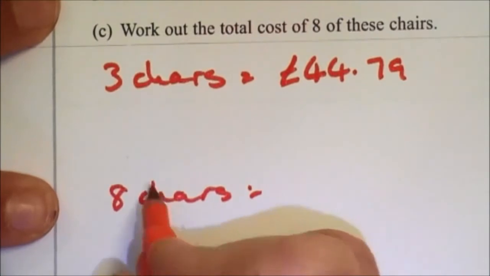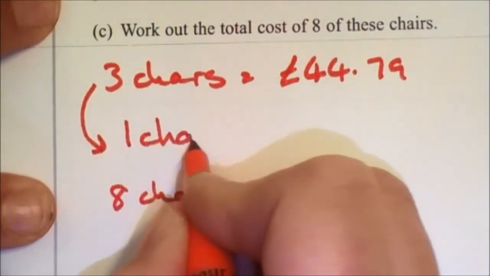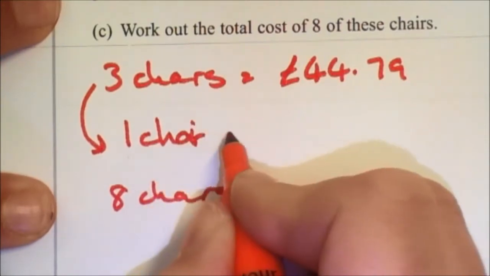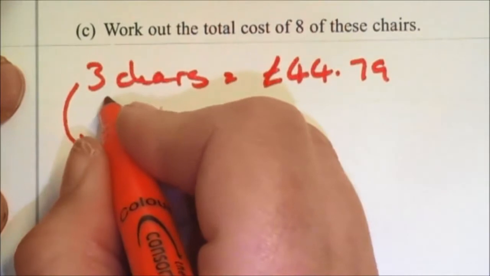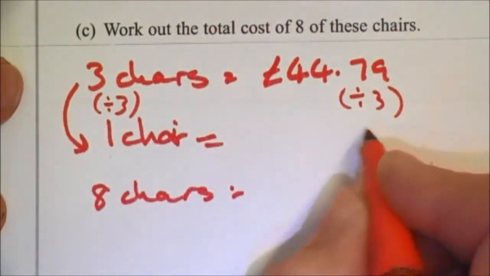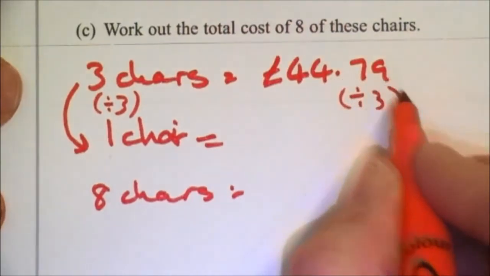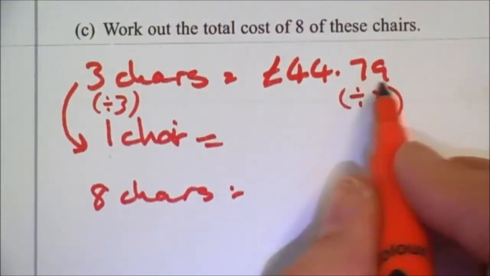Now it's called a unitary method because you need to go via 1 unit. In this case, 1 chair. If we know that 3 chairs is £44.79, in order to get to 1 chair, I would need to divide by 3. So I would do 44.79 divided by 3, and make sure you show the divide by 3.